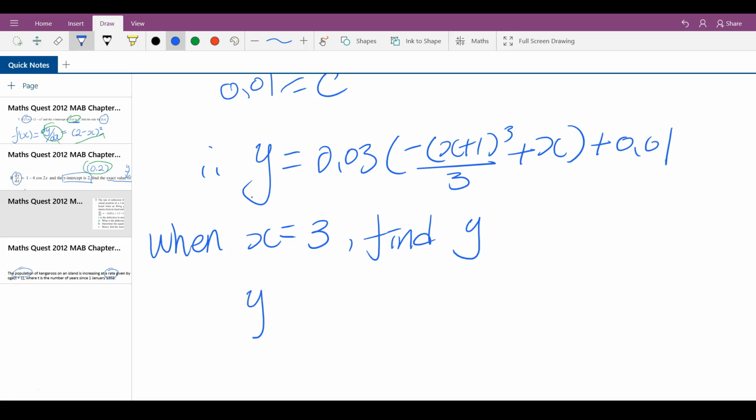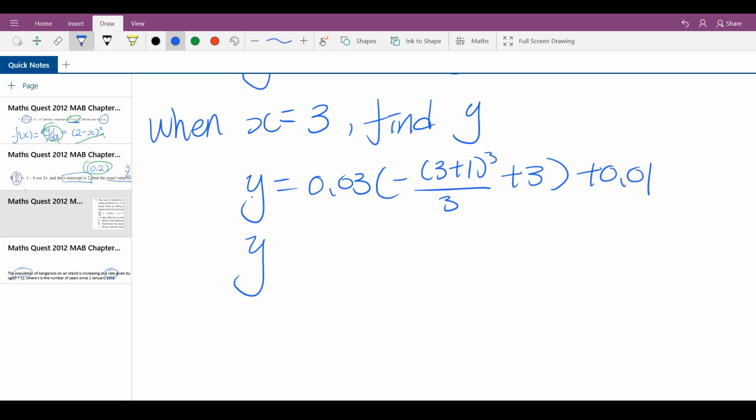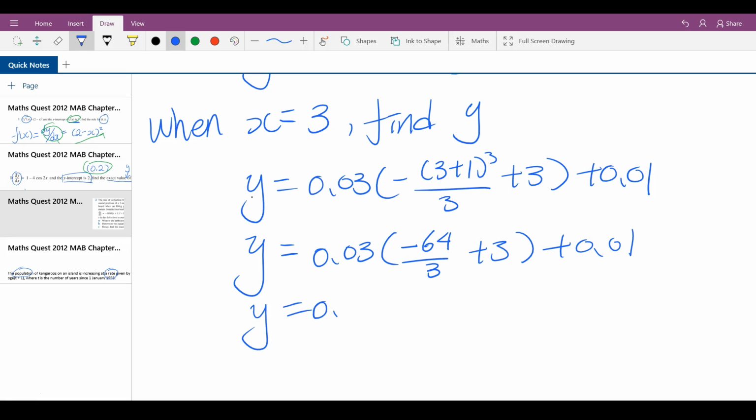So y is equal to 0.03 negative 3 plus 1 to the cube over 3 plus 3 plus 0.01. So we get 0.03 times 4 cubed. 4 cubed is 4, 4, 16, 64. Negative 64 over 3 plus 3 plus 0.01. Now, to add these two together, we have to make them the same denominator.